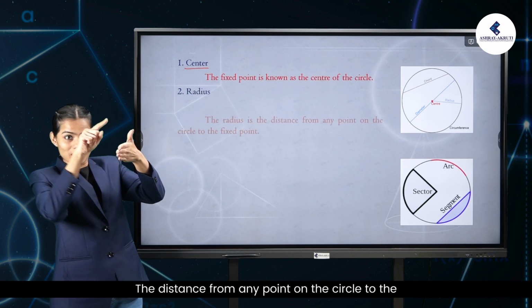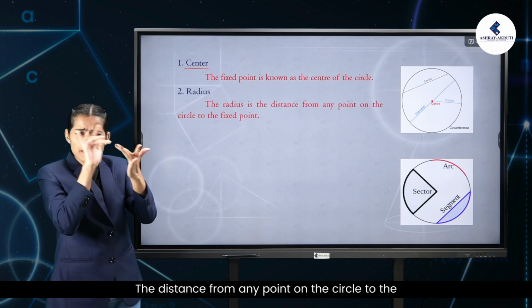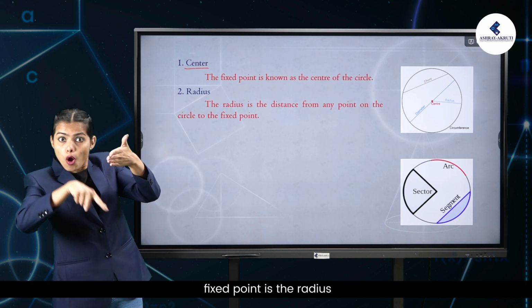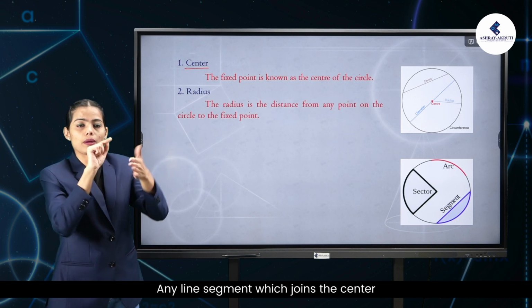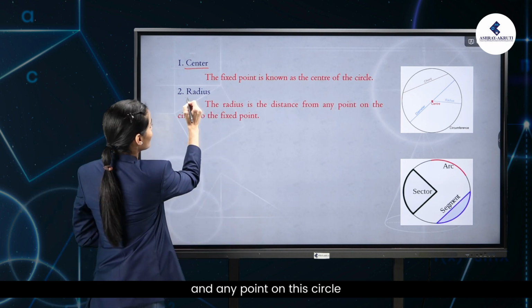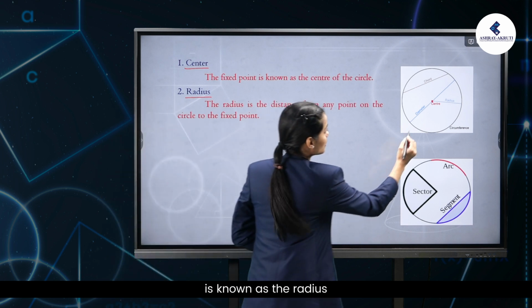Radius. The distance from any point on the circle to the fixed point is the radius. Any line segment which joins the center and any point on the circle is known as the radius.